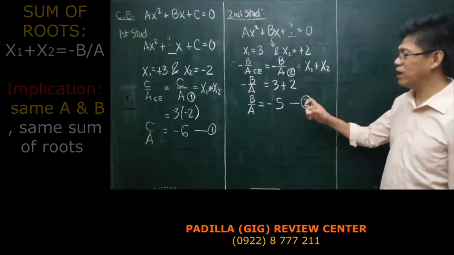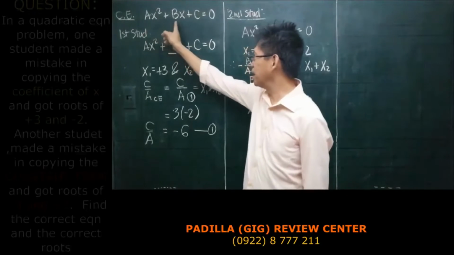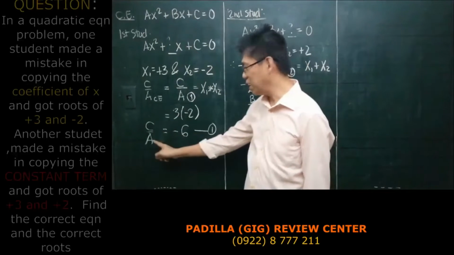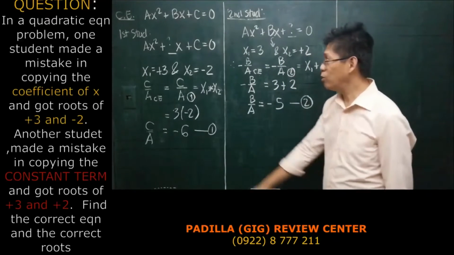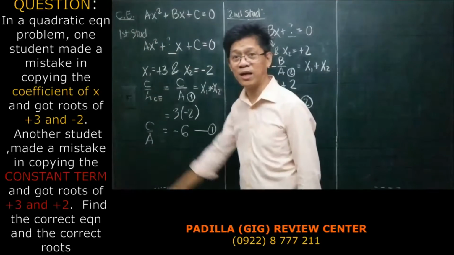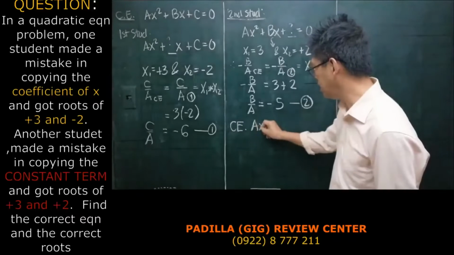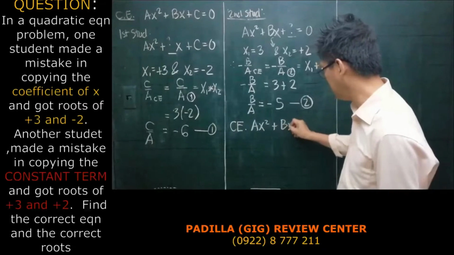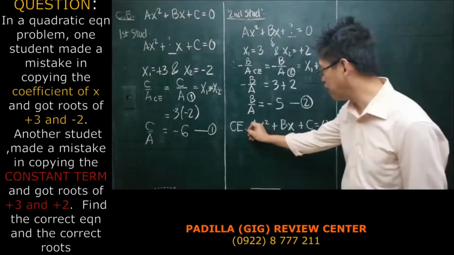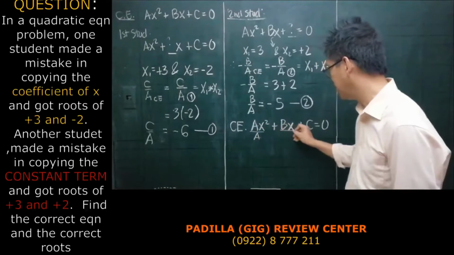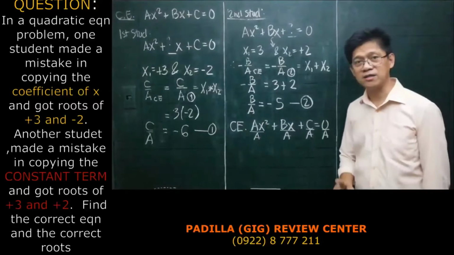Okay? Now, however, look at the correct equation: A, B, and C. But both equations 1 and 2 are in terms of over A. Now, let me divide everything here by A. So, if I consider the correct equation, ax squared plus bx plus c equals 0, and divide everything by a, 0 over a is 0.